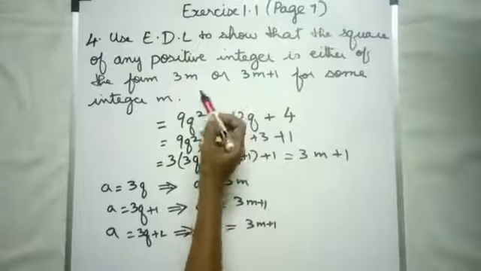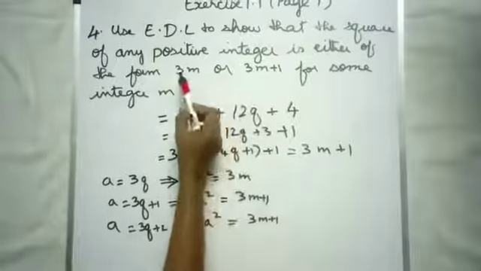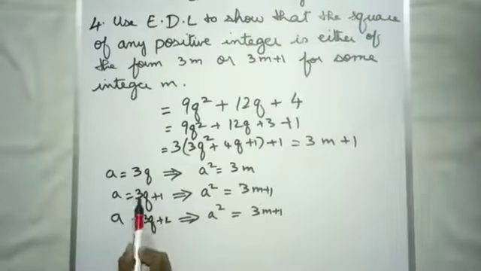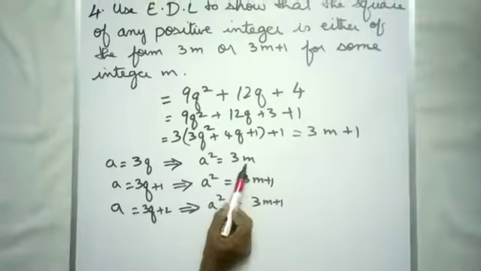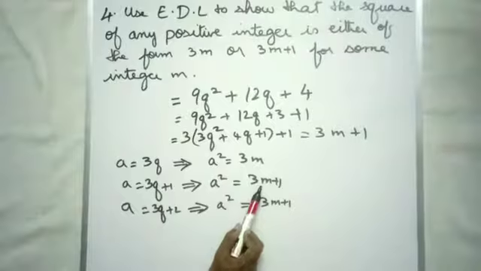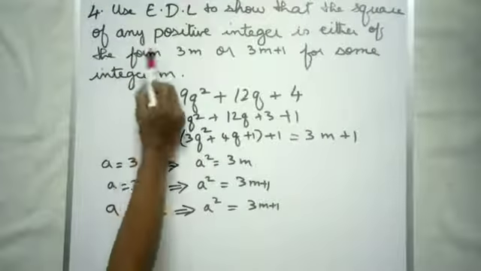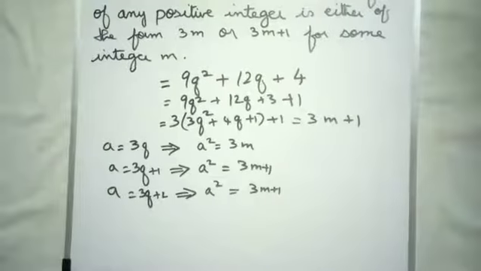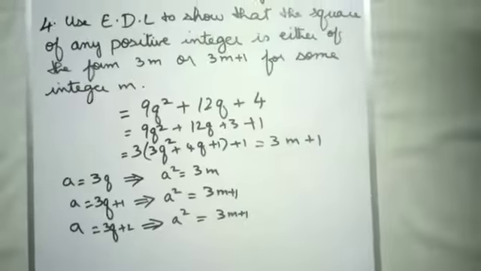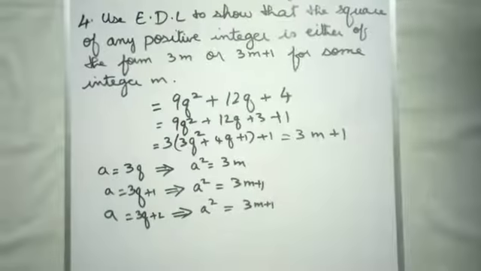So, whatever may be the form, 3q, 3q plus 1, 3q plus 2, we are having either of the form 3m or 3m plus 1 while squaring a positive integer. Hence, we have come to the conclusion of the fourth problem. Okay, let us proceed to the next problem in the next video.